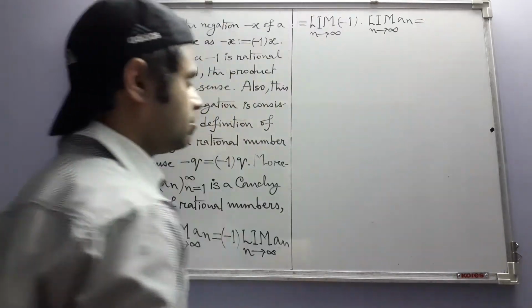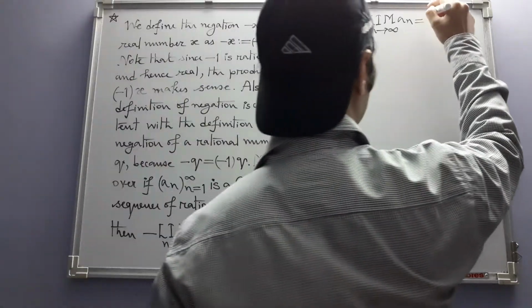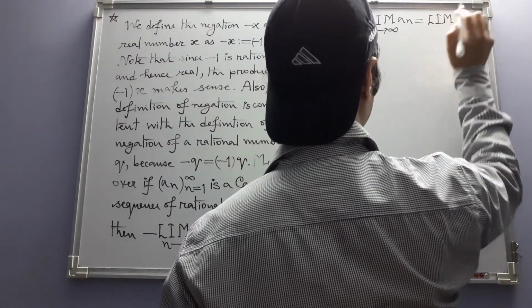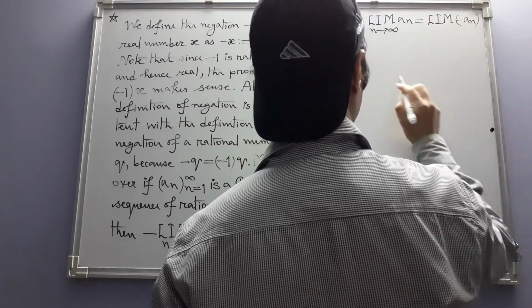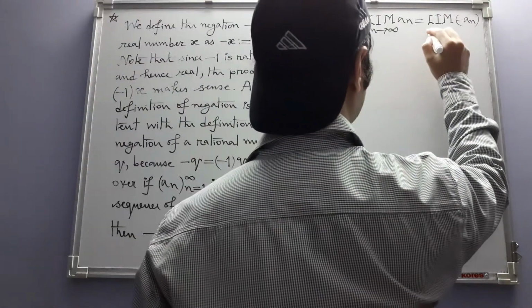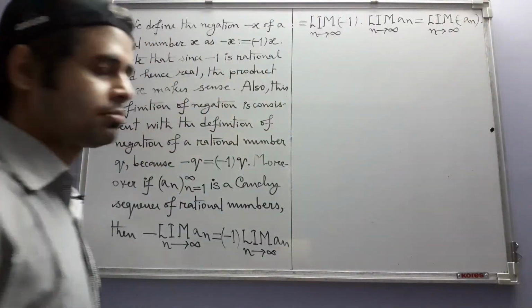Now here if you apply the definition of product of two real numbers, then you get the limit of minus an, because minus 1 and an will be multiplied.